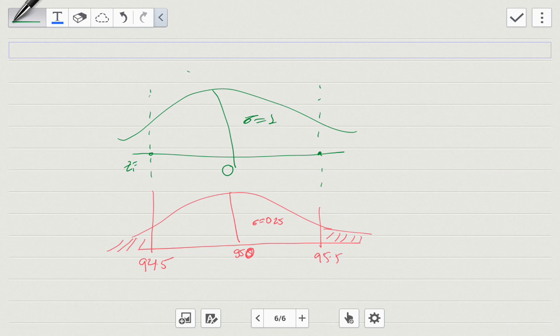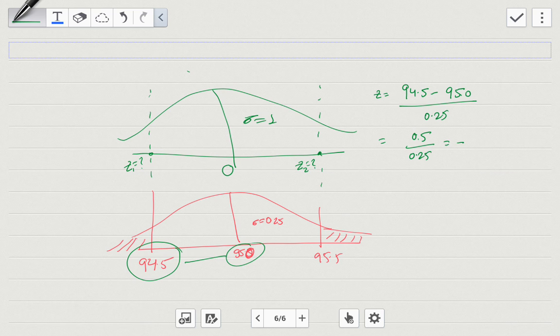Traditionally, these are called Z values, so let's call these Z1 and Z2. What is Z1 and what is Z2? The formula for Z is 94.5 minus 95, divided by the standard deviation 0.25. So this is -0.5 divided by 0.25, which equals -2. That was our Z1.